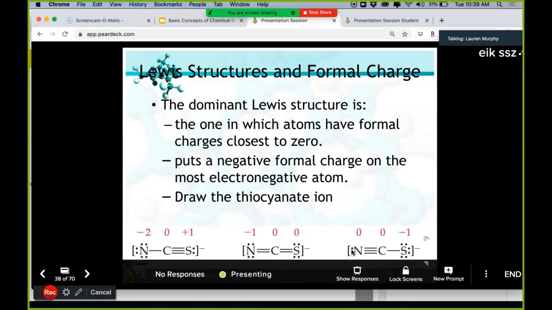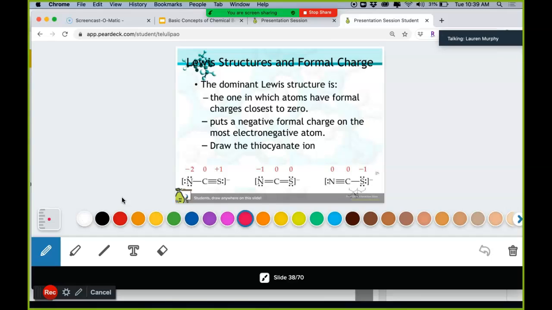Okay, now formal charge is done like this. Formal charge is done, I'm going to cross this off, where you assign numbers to the element based on how many valence electrons it generally has and how many have actually been given to it in the Lewis structure.